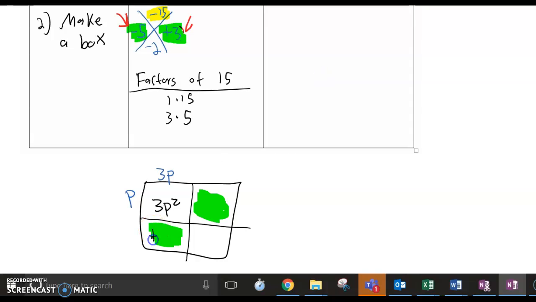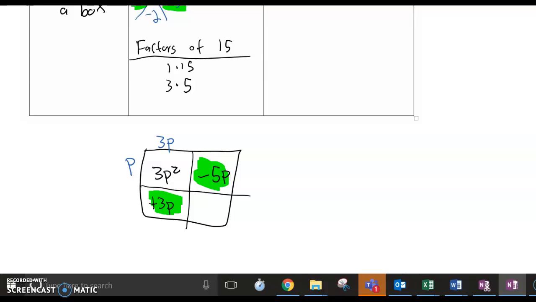So I'm going to put 3p here, -5p here. Now we ask ourselves, 3p times what is 3p? Got to be 1. 1 times 3p is 3p. Up here, we're saying p times what is -5p? It's got to be -5, because -5 times p is -5p.